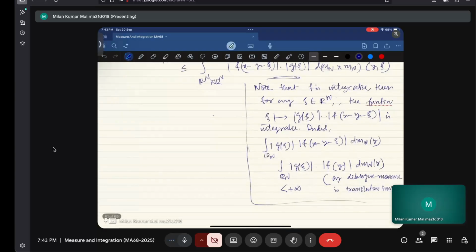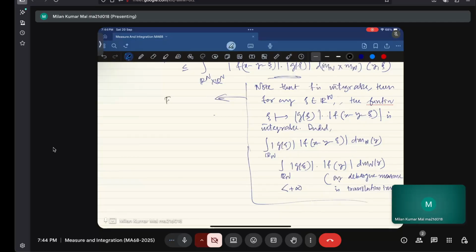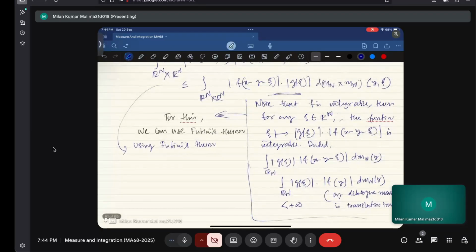Now for this we can use Fubini's theorem. Using Fubini's theorem, one can get that we can separate.